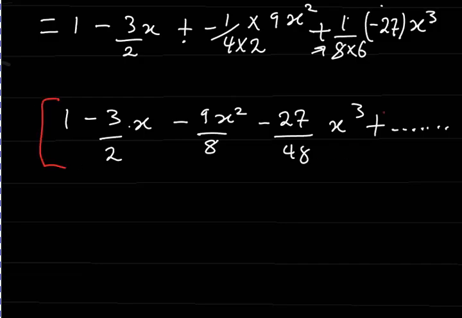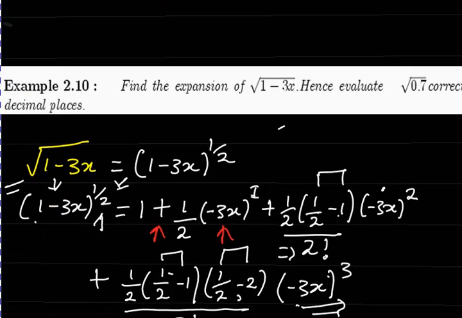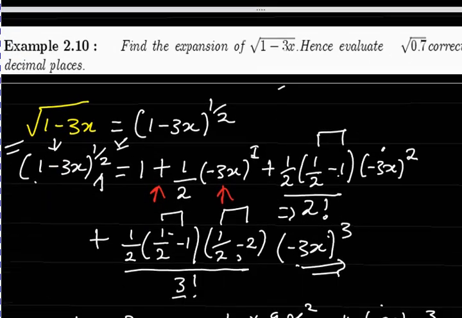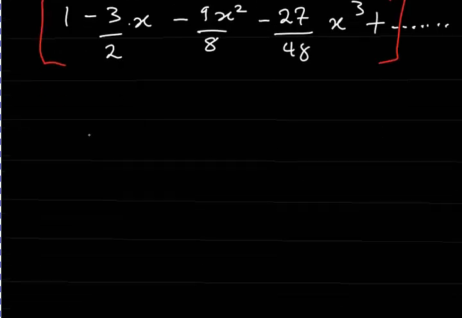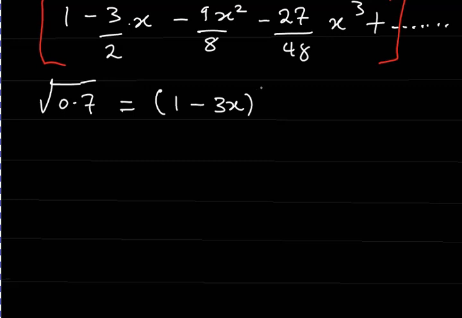Now the question actually asks us to use this binomial expansion to evaluate the square root of 0.7. So we are using this expansion to evaluate the square root of 0.7. So I'm going to express this in terms of the binomial 1 minus 3x all raised to the power of half.